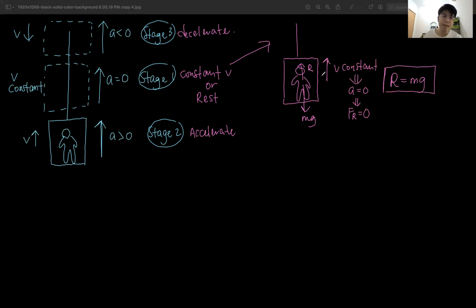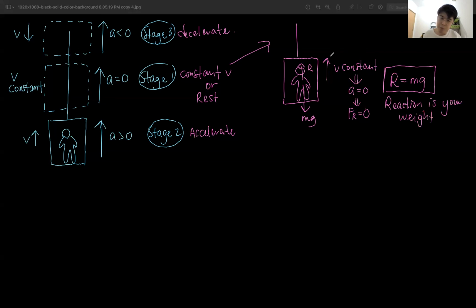So what can we say about this one? When the elevator, or it can be applied to anything, like a string hanging a mass, or anything that is moving up or down at constant velocity, the reaction is always equal to the mg. That is the first one. So reaction is your weight.